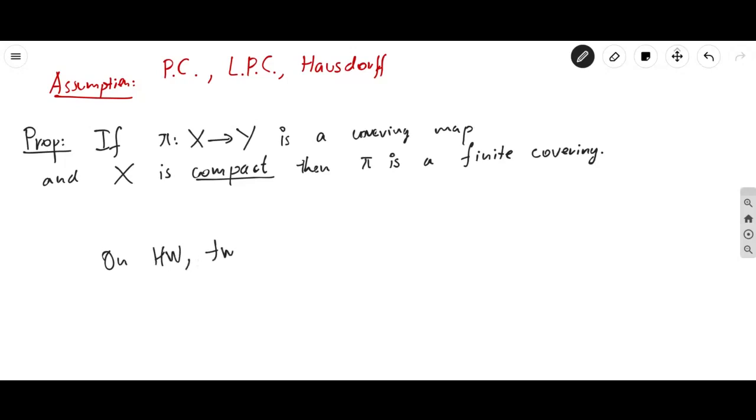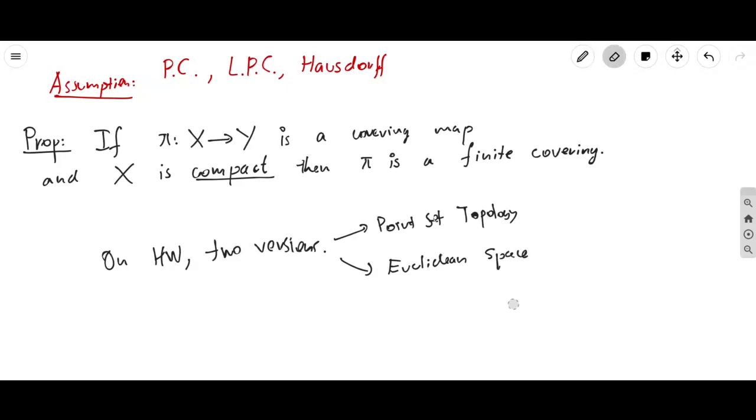One of them will use point set topology. The other one is going to be more concrete: you're just going to prove it in Euclidean space. It will be even more elementary if you're not comfortable with point set topology. I'll give you both versions because, as I remarked, in most cases you can assume that X and Y are just living inside Euclidean space.